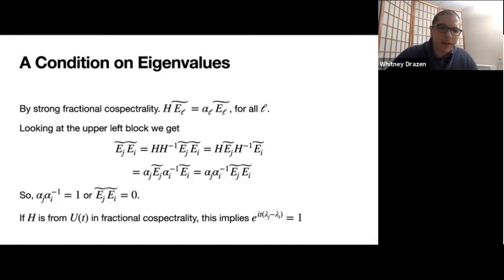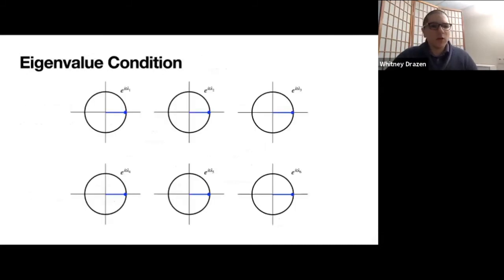And rearranged in this form, it's going to give us a little bit more about the dependence of lambda j and lambda I. Okay, so what is this condition on the eigenvalues really?